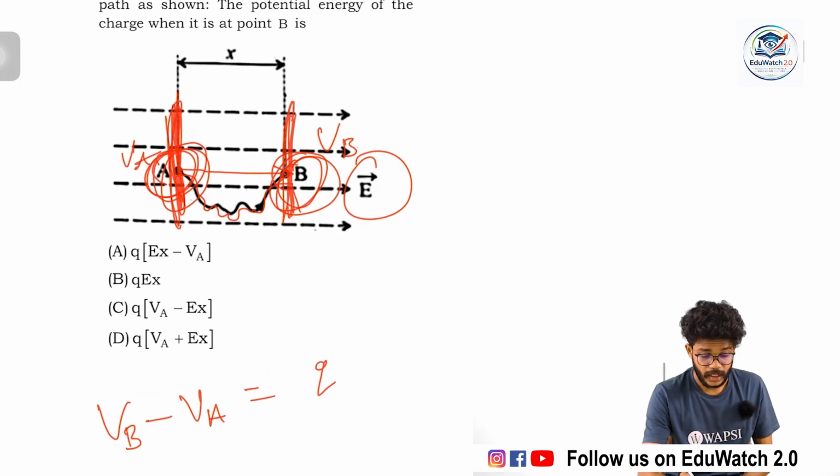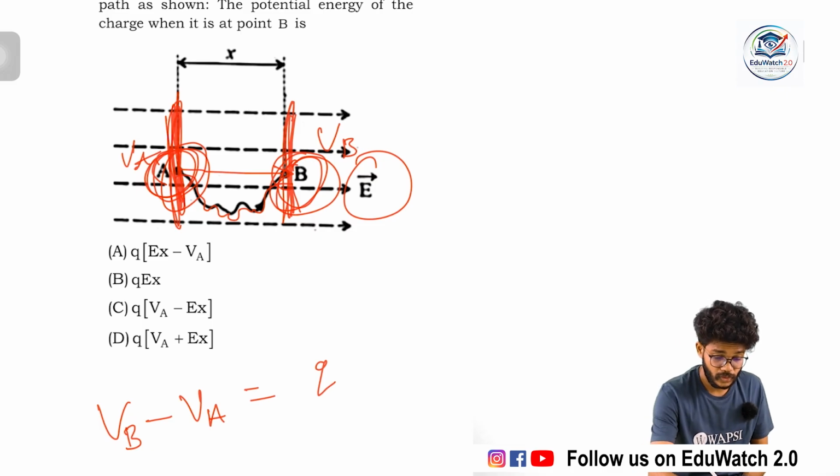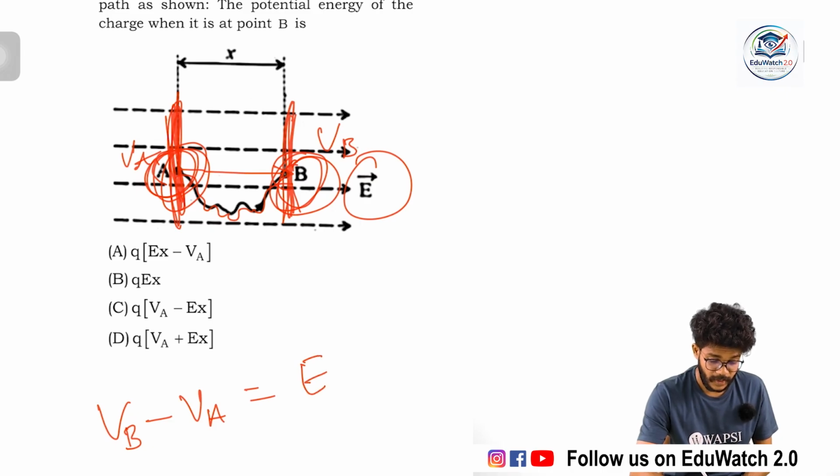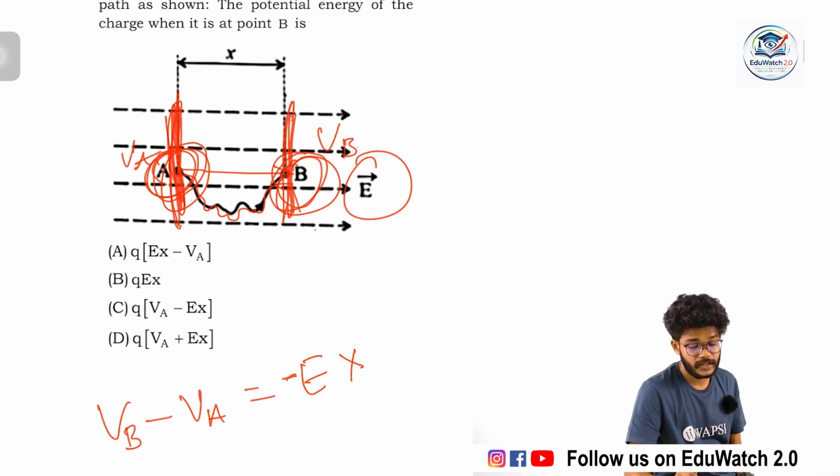Q is moved in this direction, so the change in potential is minus E into X, where X is the distance moved and E is the electric field.